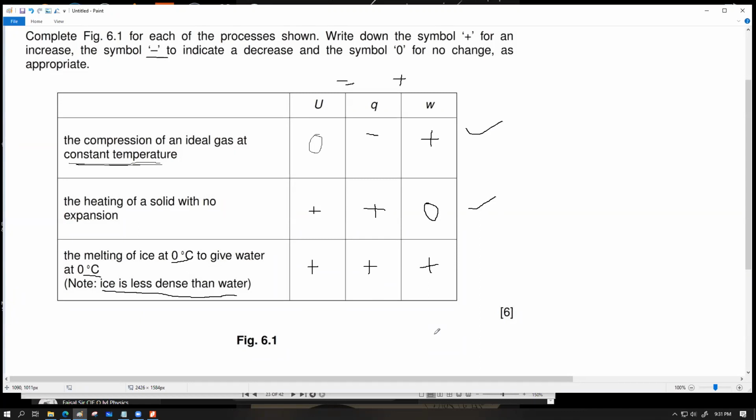No. Because U is considered to be 0, the system did not get cool, which means the particles had the same temperature. It means that whatever work we put into the system from outside, that much heat went out of the system again. The amount of work that was put into the system, exactly equal amount of heat energy was dissipated out. So let's say you put 100 joule in and 100 joule heat got out.